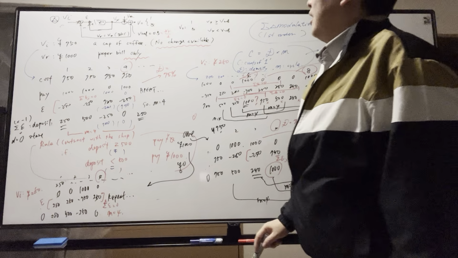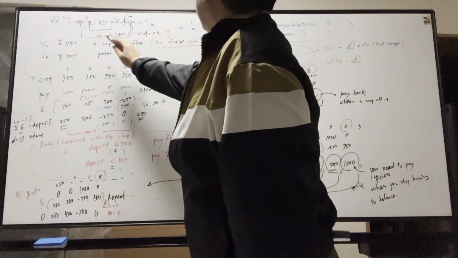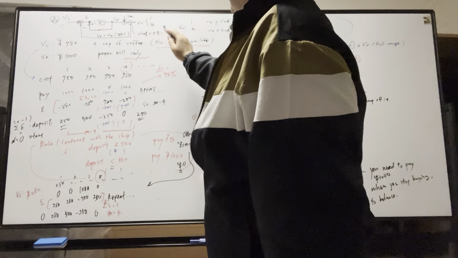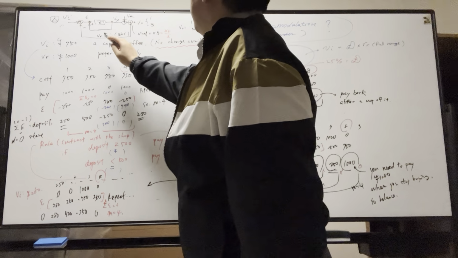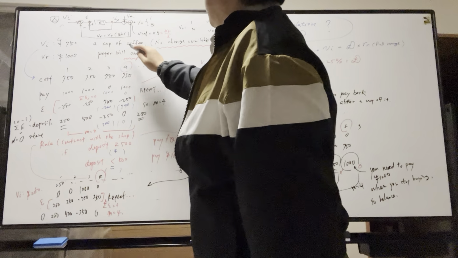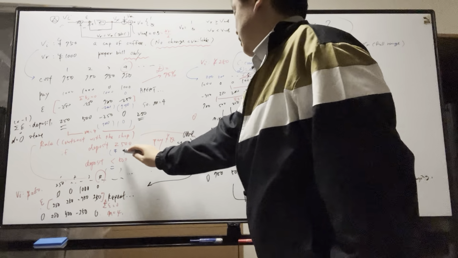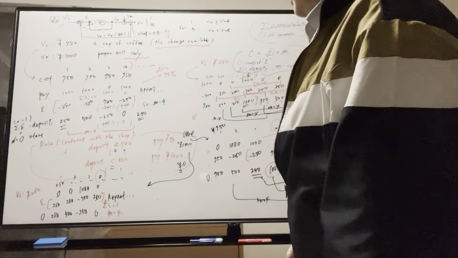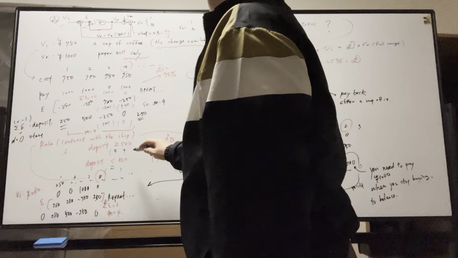So in this case, VR equals 1 and Vref equals 0.5, which means VR equals 1000 and Vref equals 500, which is this deposit criteria threshold of 500 yen.